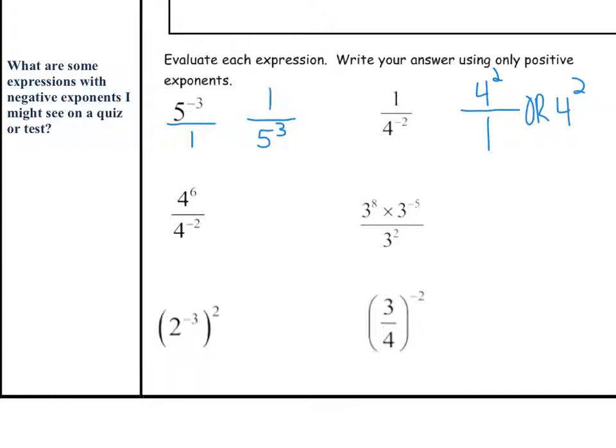Let's look at our third one. There are two ways to do the third one. I would probably simplify this the way that we already know how. So when it looks like this, we are supposed to subtract exponents. So I would do 4, and I need to do 6 minus negative 2. Now there's where it gets tricky because you have minus a negative.